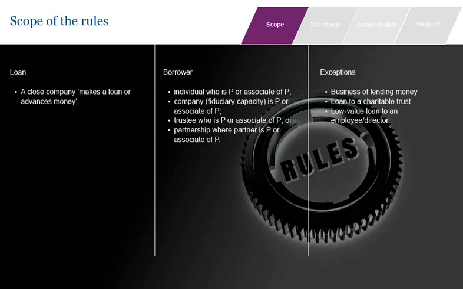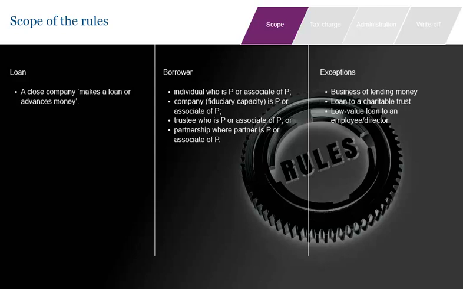The relevant types of borrower are: A. An individual, where that individual is either a participator, referred to here as P, in the close company, or is an associate of P. B. A company, where that company receives a loan or advance in a fiduciary or representative capacity, and is P or an associate of P. C. The trustees of a settlement, where at least one of the trustees or actual or potential beneficiaries is P or an associate of P. And D. A partnership, including an LLP, where at least one of the partners is an individual who is P or an associate of an individual who is P.